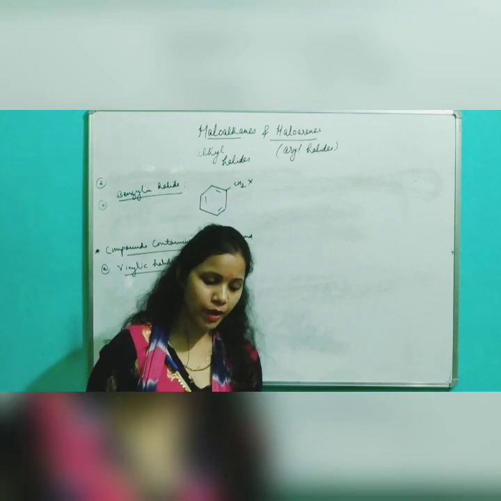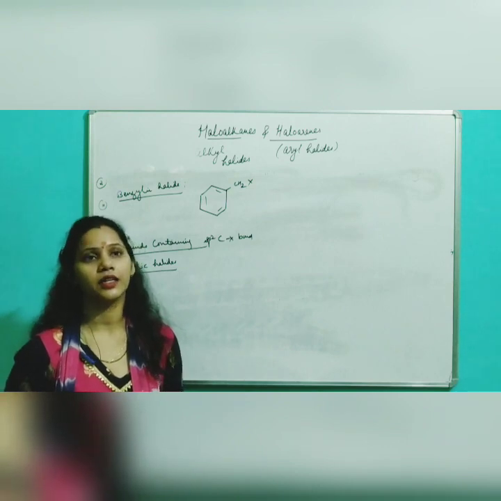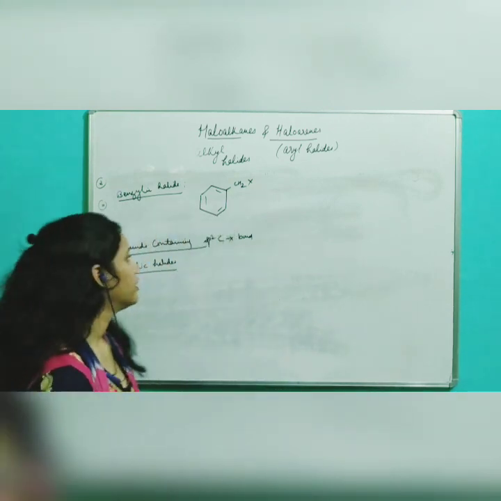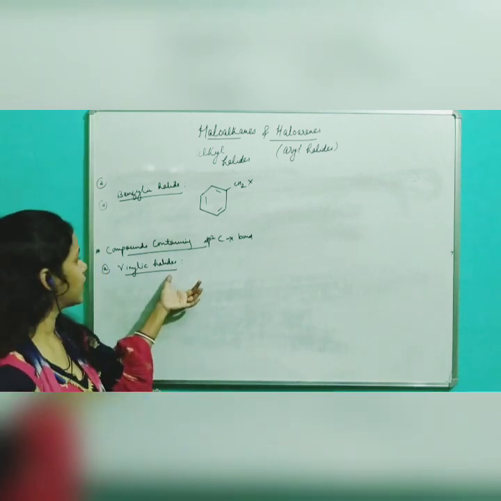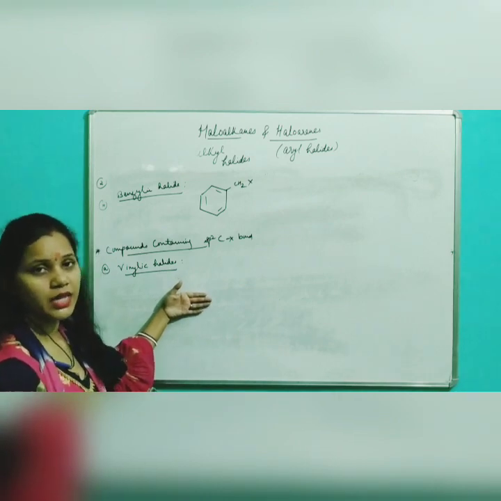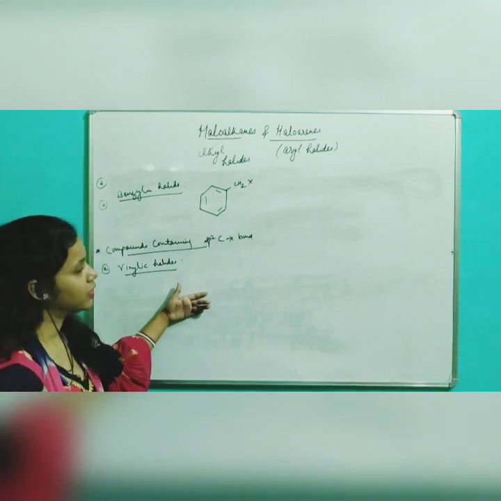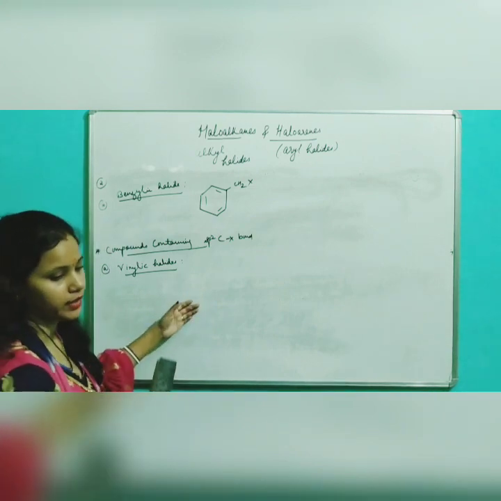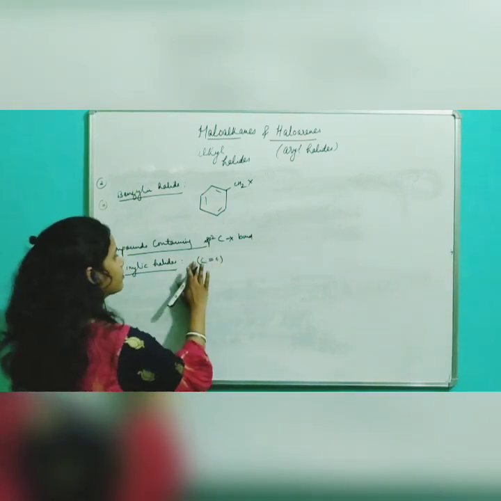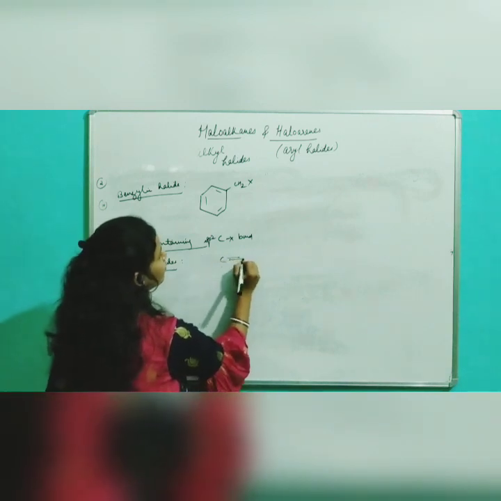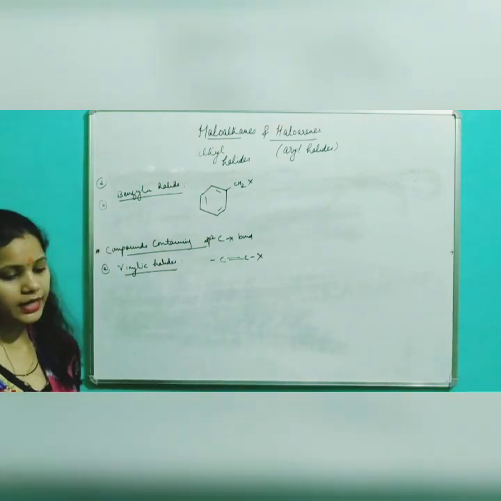But here these are the compounds in which the halogen atom is bonded to the sp2 hybridized carbon atom of the carbon-carbon double bond, that is C double bond C. And this will be like this. So vinylic halide is like this.